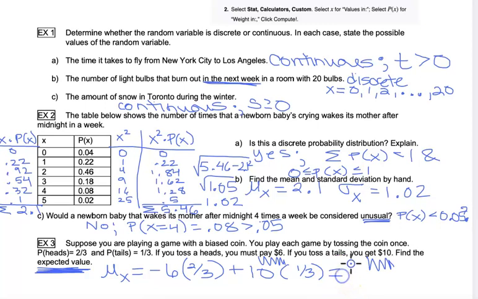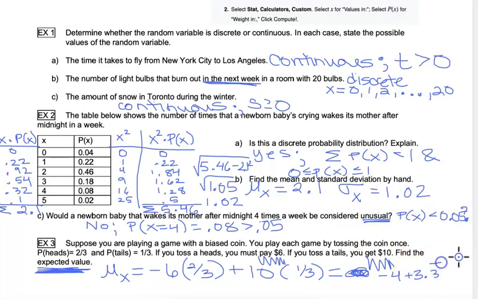So when I calculate that, I do -6 times 2/3, which is -4. Sorry, I'm going to scribble out a stray mark there. -4. And then we have 10 times 1/3. So 10 divided by 3 is about 3 1/3.